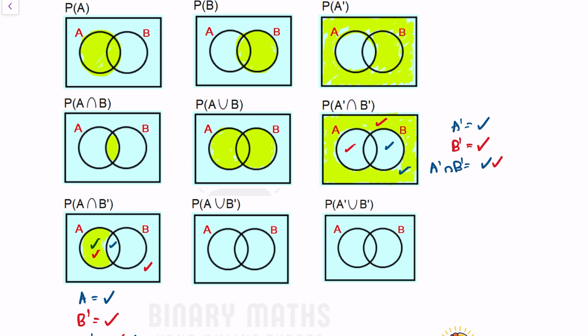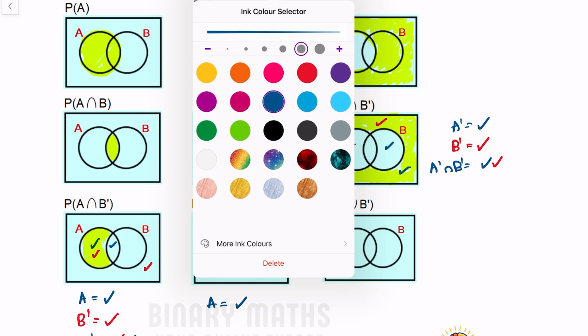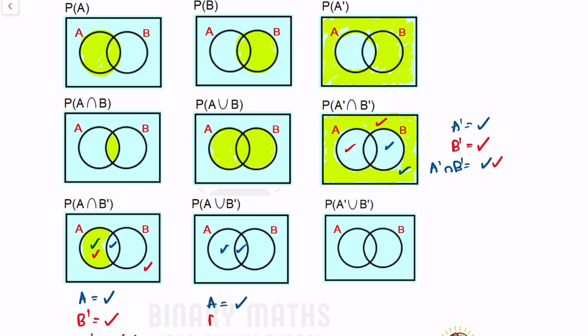Okay, union is different because it's any tick, whether it gets one tick, two ticks, or both ticks, okay? So A is blue tick, so here. And then we're doing not B. Not B is this part and that part. So this is red.